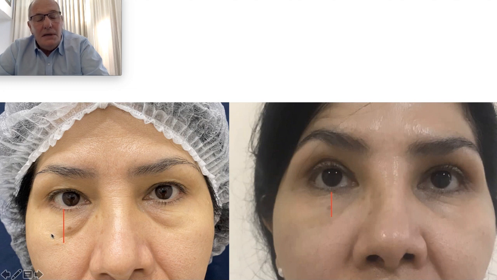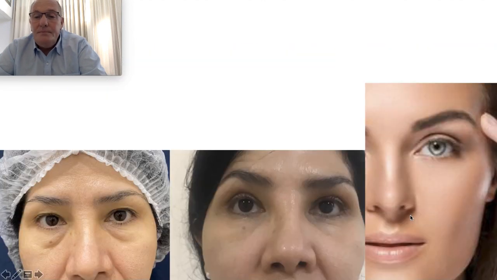It's not very aesthetic when the junction between the lower eyelid and the malar area is so low. Here we can see a shortening of the distance from the tarsal to the junction in this patient. Here in a lateral view we can see how this improved.